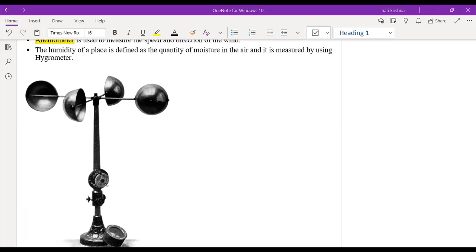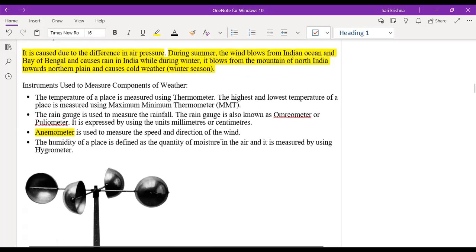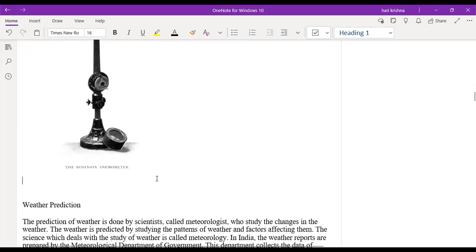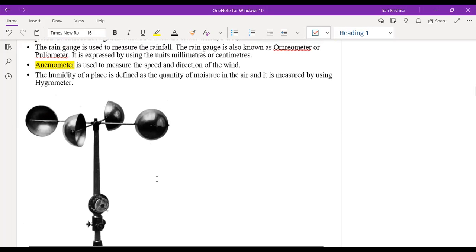Whenever there is more wind speed, it will rotate very fast. Whenever the wind speed is less, it will rotate slowly. Okay. Now clear what is an anemometer? This is called a Robinson anemometer, which helps in measuring the direction of the wind as well as the speed of the wind.